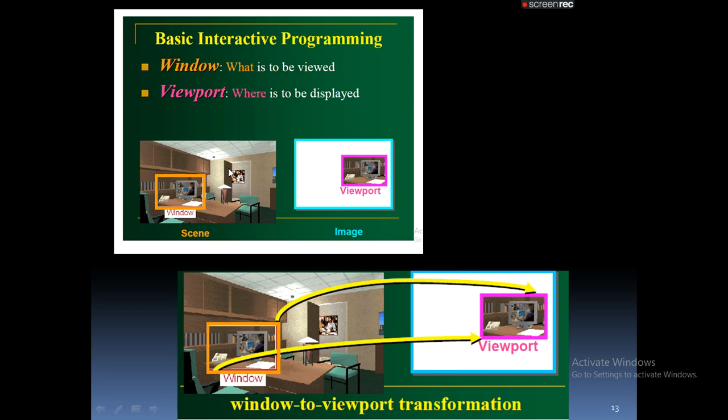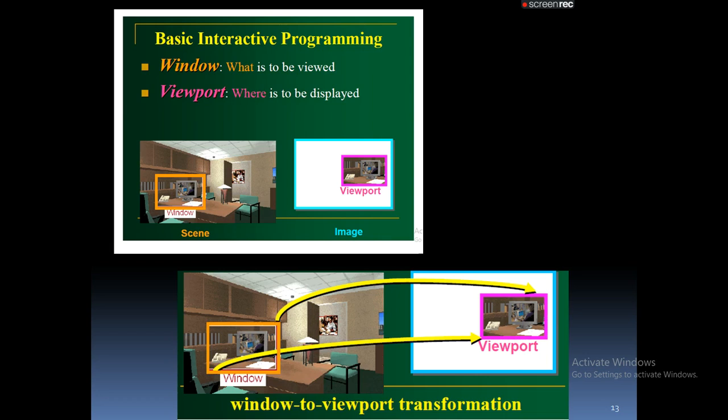Among these multiple objects, we decided we want to view only a few objects in this particular scene. So how do we specify which objects we actually want to display on the screen of the monitor? That is called the clipping window.